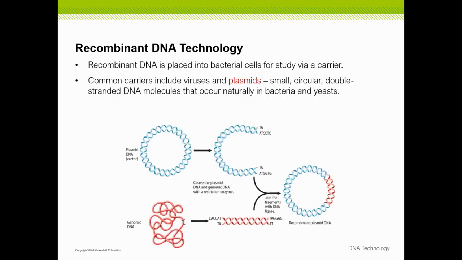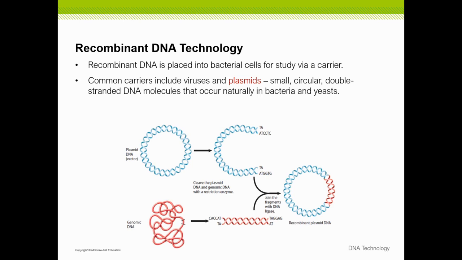We could use restriction enzymes for recombinant DNA technology. If we take a vector, vectors are typically going to be plasmids, but they could also be viral DNA if we were going to use a virus, or sometimes even the plasmid of yeast.